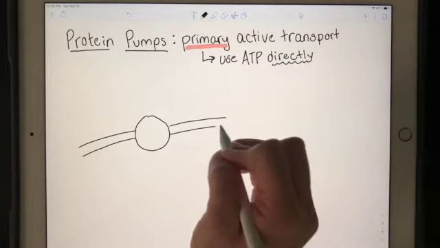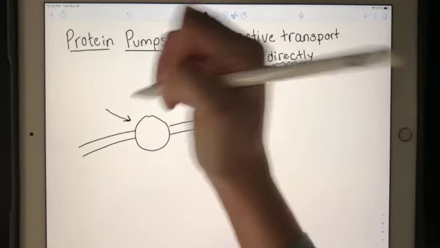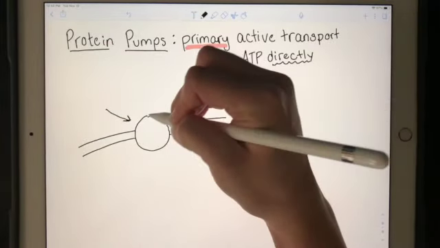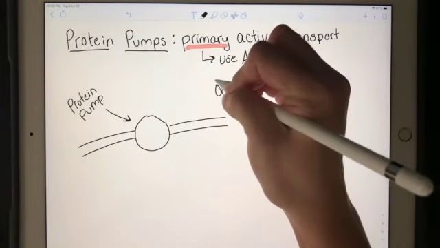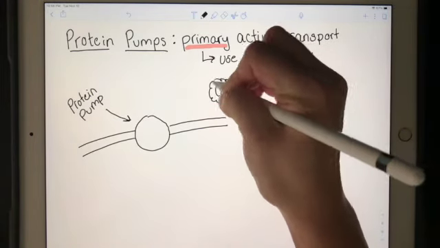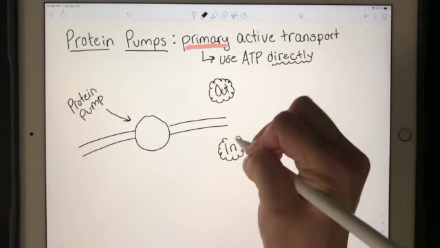So I made a simplified version of the membrane here. This circle inside of the membrane, that is our protein pump. And I'm going to say that this top space is outside of the cell, and this bottom space is inside the cell.